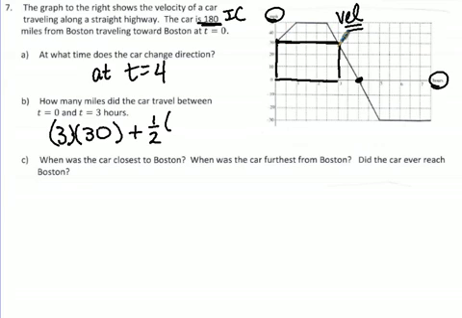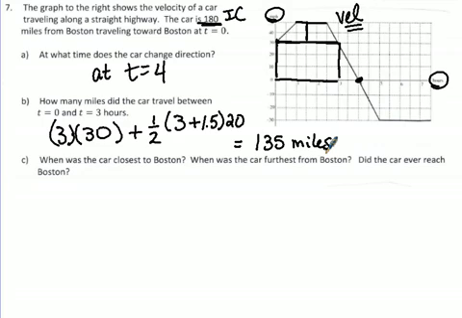My base is this distance here, which again is 3 hours. The other base is this distance right here, which is 3 squares, so that's 1.5 hours. And the height of this trapezoid is 2 squares, which would be 20 miles per hour. And if we do those calculations, we should get 135 miles.